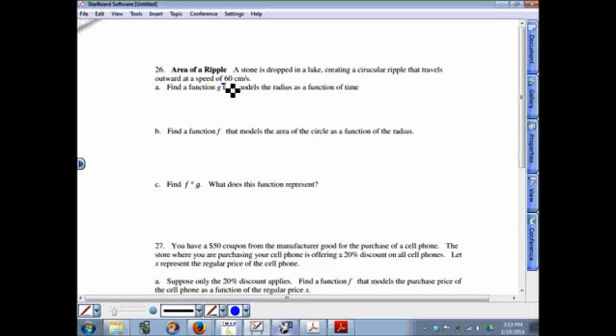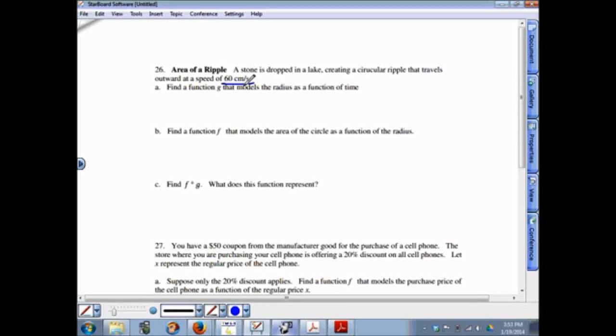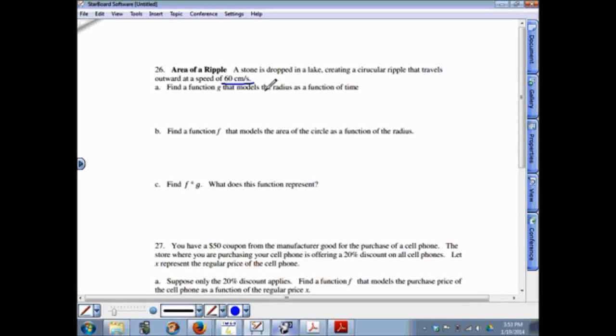Now this quantity here, 60 centimeters per second, we need to be clear on what that's describing. That's how quickly the circle is expanding, and in particular that's describing how quickly the radius is expanding. This is not a quantity that's describing the area or the circumference. This is how quickly the radius or the diameter would be expanding.